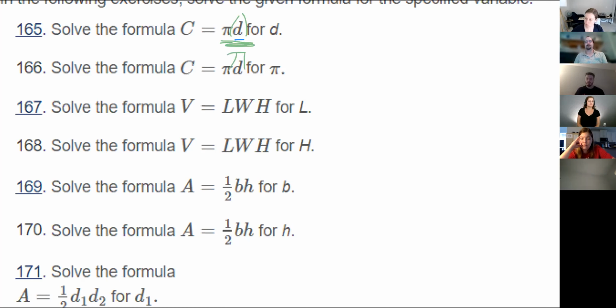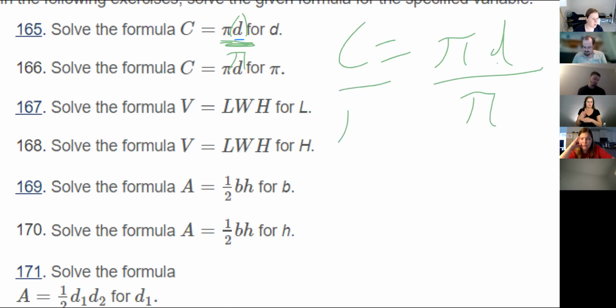Divide by pi. So let me rewrite this out. C equals pi d. What we want to do is divide by pi. And if we look on the right side, why did we divide by pi on this right side? What do you see you might be able to do over there?